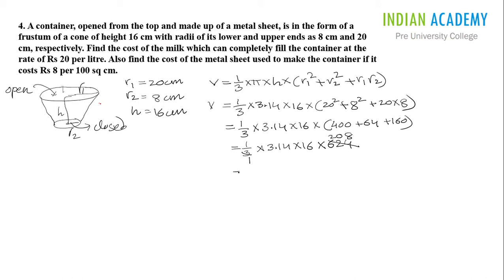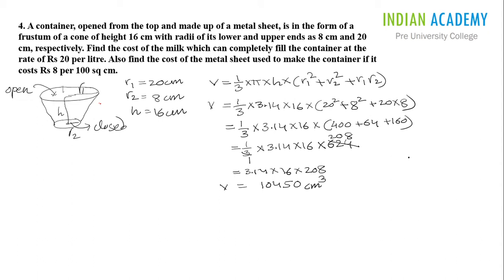So we are left with 3.14 into 16 into 208, which comes out to be 10450. Since all the units are in centimeter, the unit of volume will be centimeter cube.